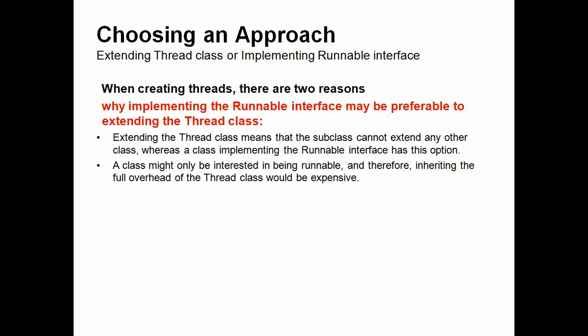The preferable choice is implementing the Runnable interface, because if we create a class by extending the Thread class, then we cannot extend some other class, because Java does not support multiple inheritance.